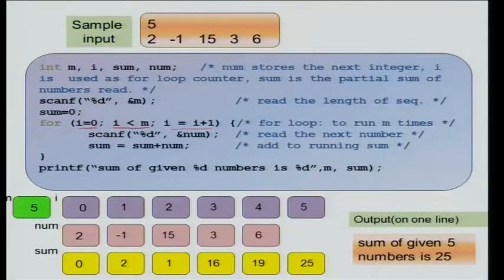So what I will recommend is write the same program using a while loop and a for loop, and see how you can easily go from while to for and for to while. Okay.